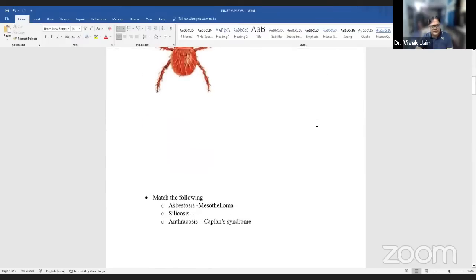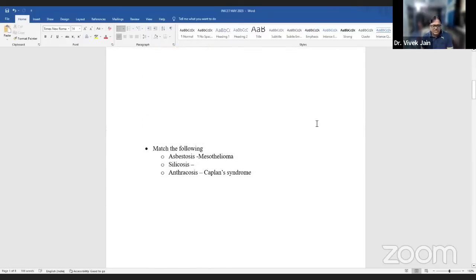Let's move forward. There was one question related to matching of the pneumoconiosis along with the associated clinical disorders. I'm sure you must have attempted this correctly. Asbestosis, all of us know, mesothelioma. Asbestosis we also know with lung cancer. Coal exposure, Caplan syndrome. Caplan syndrome, second most common is silica dust also.